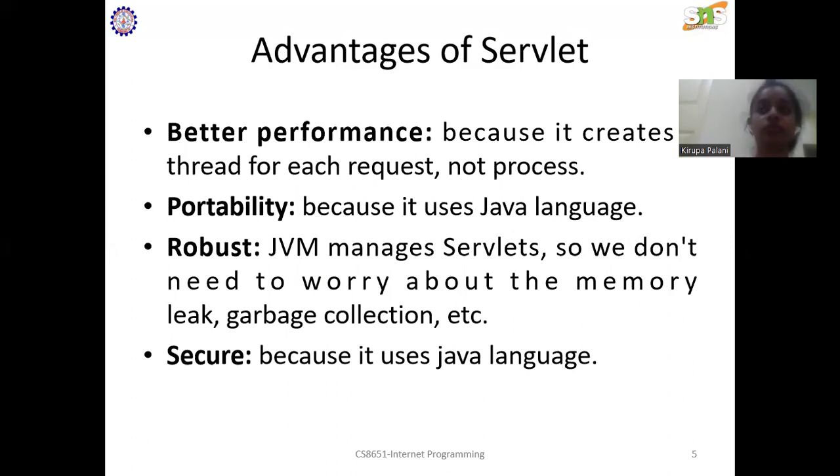CGI is considered a good method because it is currently the quickest. If we compare for a fastest server, CGI plays a major role. The CGI standard is generally the most applicable with today's policies. So coming to the advantages, better performance.